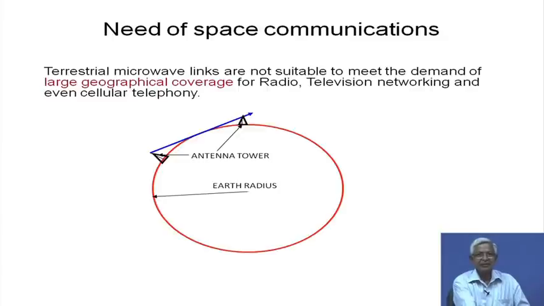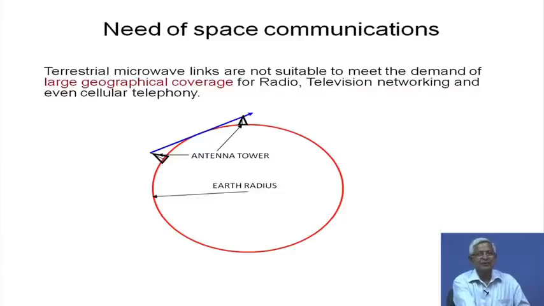The basic requirement is that the Earth's surface is not flat, and microwave communication goes in a straight line, just like light. So, if there are two towers, the second tower, unless it is in radio visibility, will not be able to receive the signal from the transmitting tower.